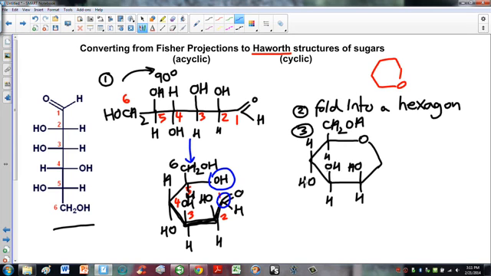Because when these two join, by moving my hydrogens around, I'm going to create another alcohol on this carbon. But if I was to ask you, does the OH go up or down? You can't tell anything from here because there was no OH on this carbon before, so actually I'm not sure. It turns out that you can draw it both ways.